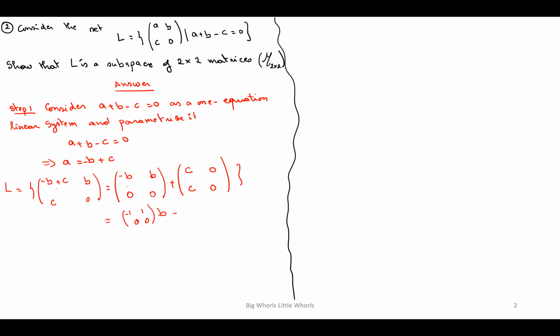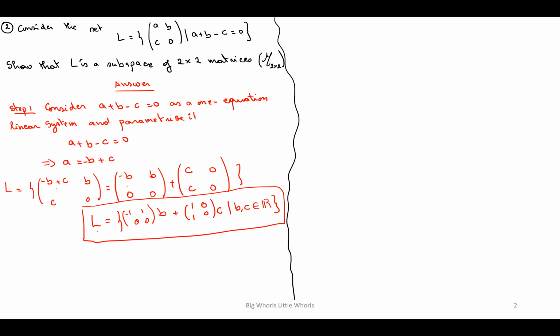Plus 1, 0, 1, 0, C, such that B and C are free, elements of R. So this is our new L. An element in L is going to be the sum of these two basic matrices: the matrix minus 1, 1, 0, 0, and the matrix 1, 0, 1, 0.